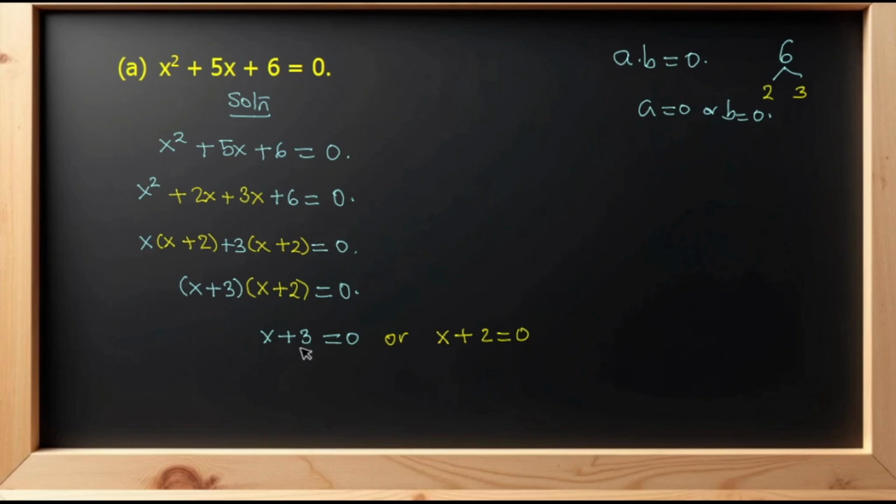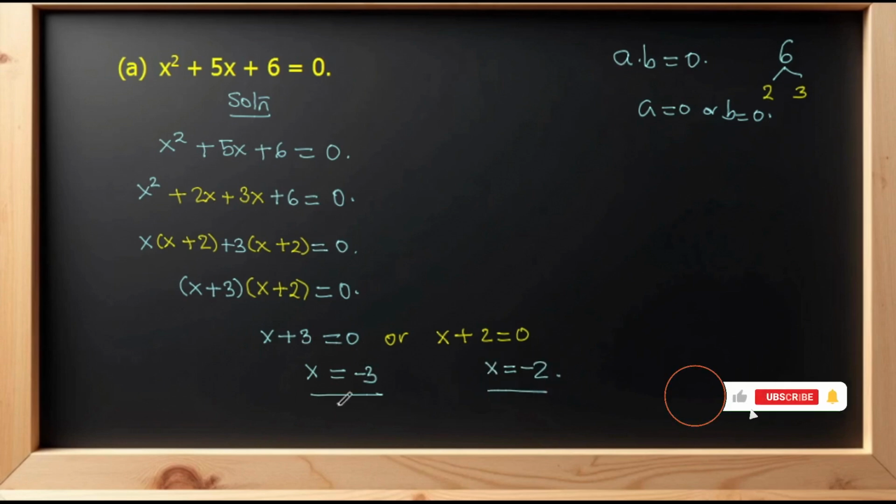So let's solve these small equations, and then we get here, taking positive 3 to the other side, we have x equals negative 3. Doing the same to the other one, we have x equals to negative 2. And these are the solutions that satisfy this equation.